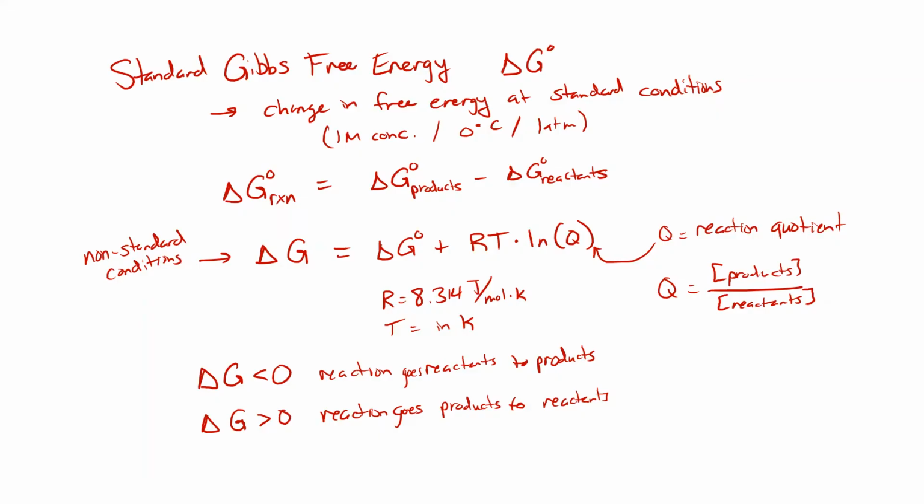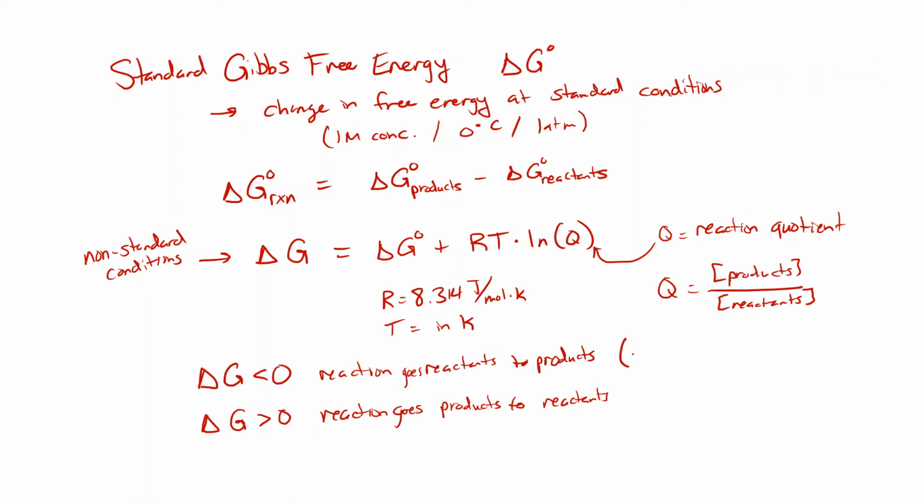Now, we have before talked about other thermodynamic values that tell us the same thing, right? And one of those thermodynamic values was Q. So if we compare Q to KEQ, we can also say this reaction will go from products to reactants or reactants to products. So real quick, I'm just going to write that back in here, right?